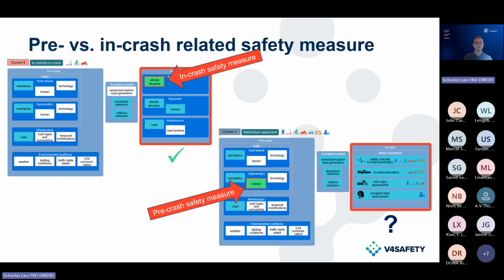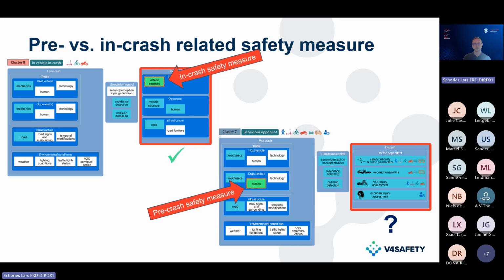When you talk about pre-crash related safety measures, for example, here in the cluster number 7, it's about the behavioral changes from the opponent. The technology lies in a way here in the opponent human part, and you do not necessarily have to perform in-crash simulations as well.